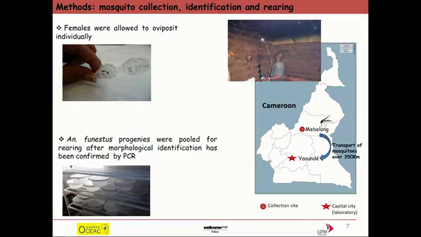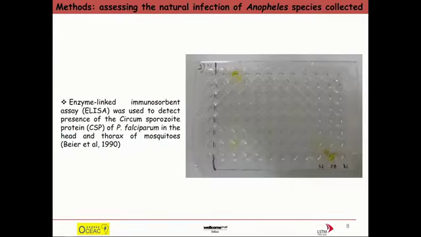Once in the insectary, we allowed gravid females to oviposit individually using the forced egg laying method. After that, we proceeded to morphological identification, and we confirmed it with molecular identification. Then we pooled Anopheles funestus progenies and reared them until adult. We tried to assess the infection of mosquitoes by using ELISA techniques.